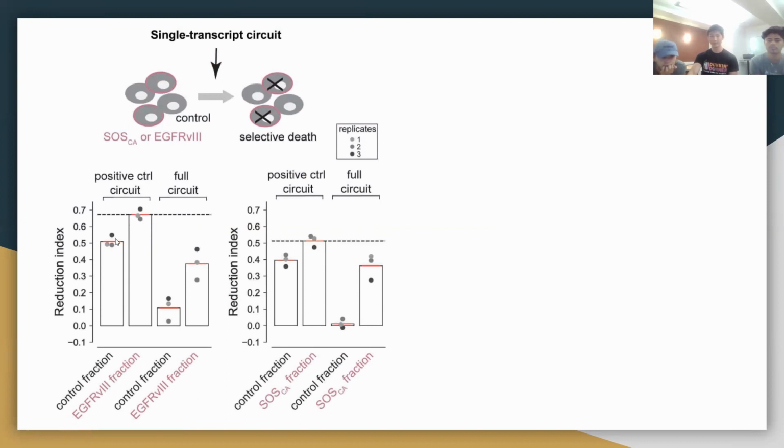In the full circuit, when the cells are only going to cause that signal to appear in the presence of either EGFR or SOS, the cells only die if those are present, right? The cells that aren't quote unquote cancerous in this model system don't die. They're okay. This one has a little bit of background, of course, but not perfect.